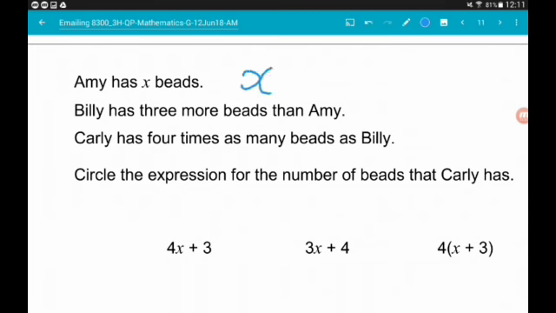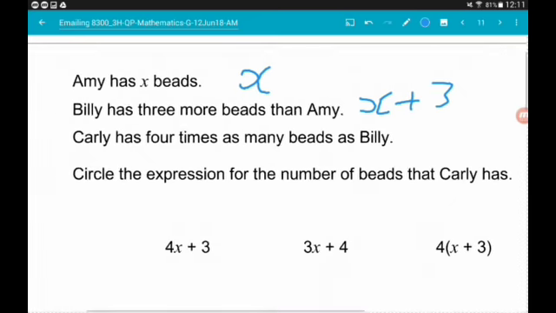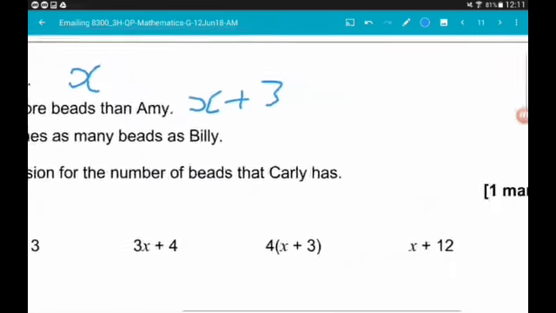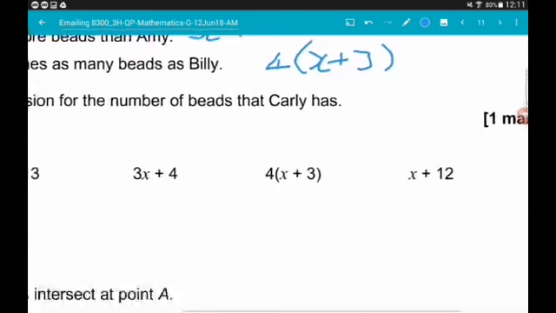Billy has 3 more, so in terms of x, that's x plus 3. Carly has 4 times as many beads as Billy, so that's 4 lots of x plus 3. So it's this one right here.